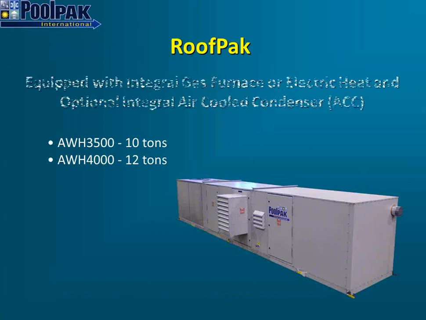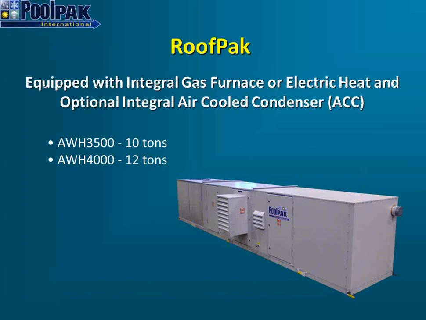Okay. Another version of the pool compact is the roof pack. In this case, we have a horizontal. That would be the HCD, but it comes with an optional integral air-cooled condenser.